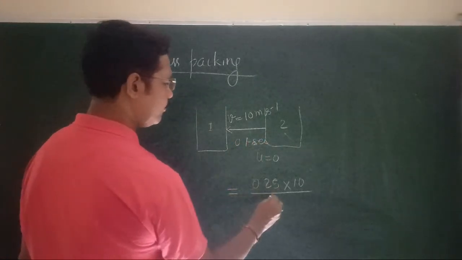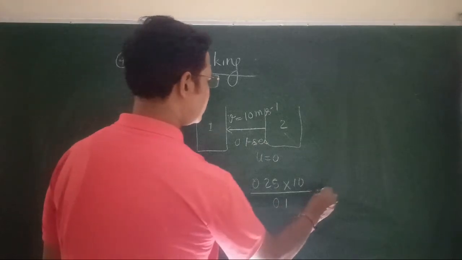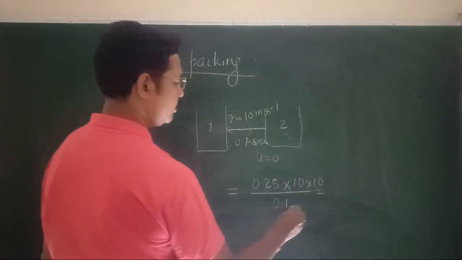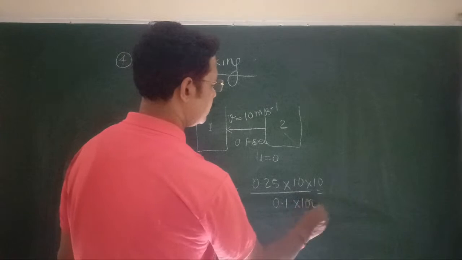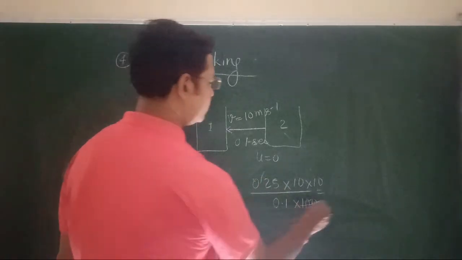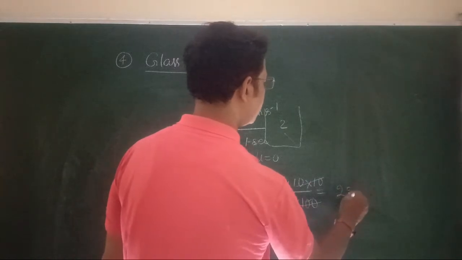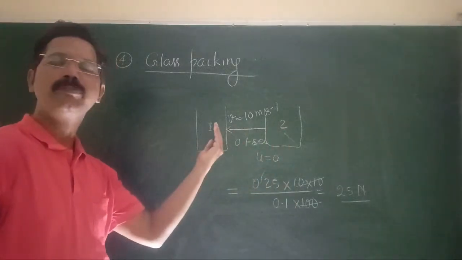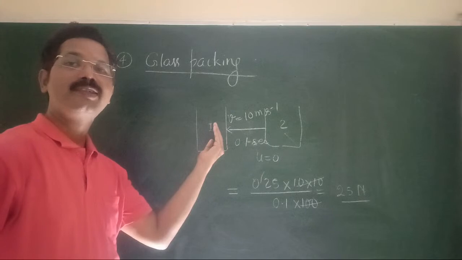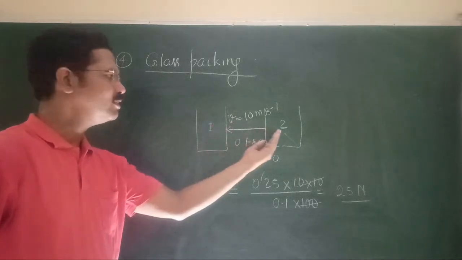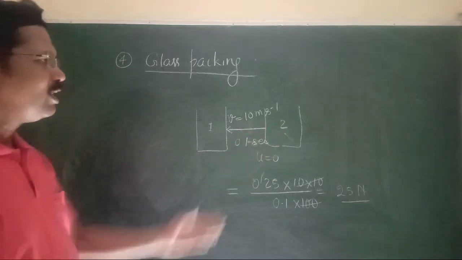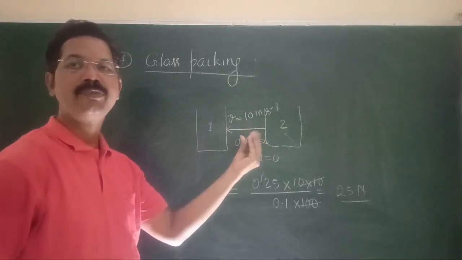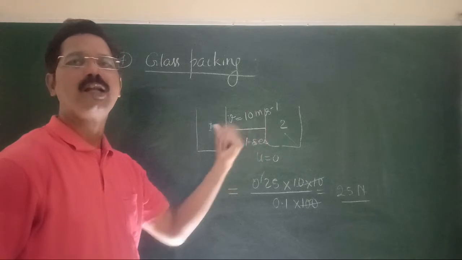So this becomes 25 Newton of force. When 25 Newton of force is applied between the two glasses, made of glass also, what will happen? Both strike, a jerk is created here, and both glasses are destroyed.